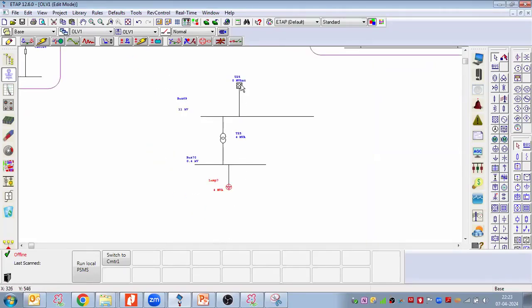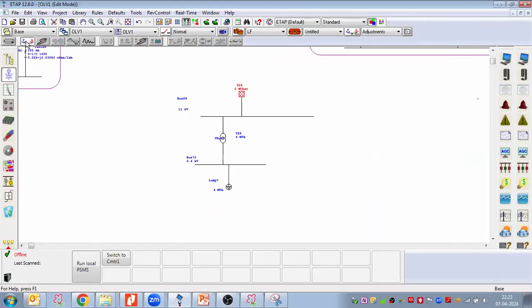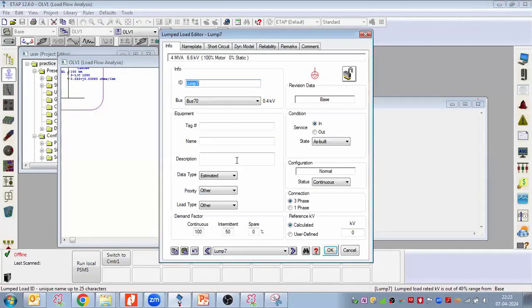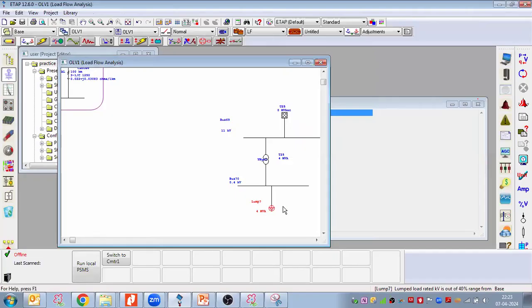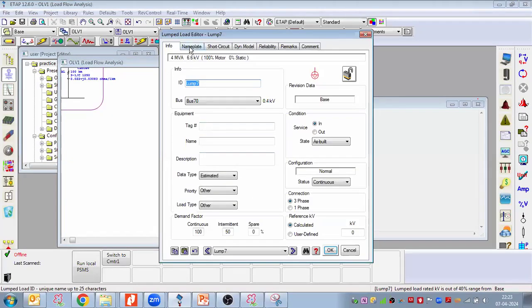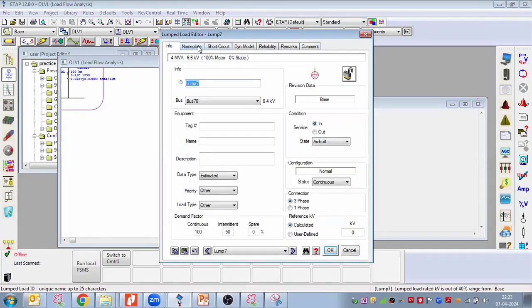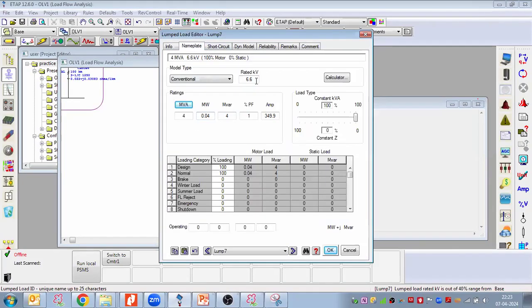If we perform the power flow study, the lump load rated kV should be the rating of this 0.4, right?